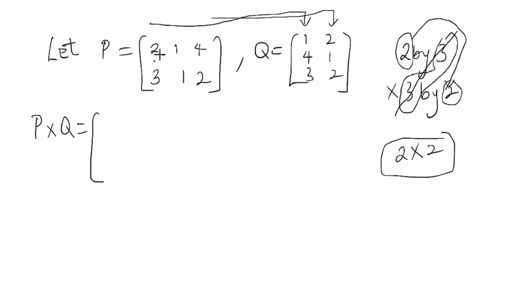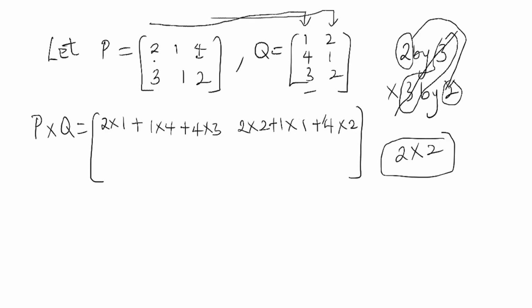So we'll be having 2 times 1 plus 1 times 4 plus 4 times 3. That's for the first part, and then we multiply by the second column for the other part: 2 times 2 plus 1 times 1 plus 4 times 2. Now, to prevent confusion, I'm going to put these in brackets.